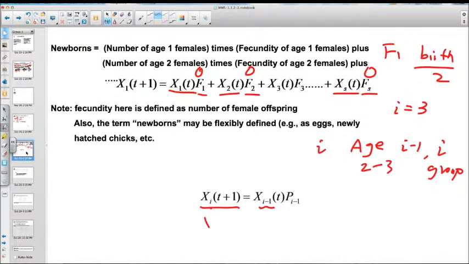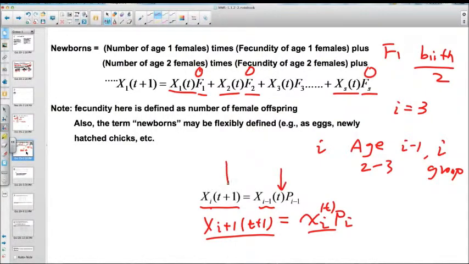Or you can write it another way: i plus 1 comes from the population of i. Then you have the Pi. The same way, after the new breeding season comes, you look at the transition from t to t plus 1, simultaneously the age from i minus 1 to i. As long as you understand that, you're good to understand the equation.